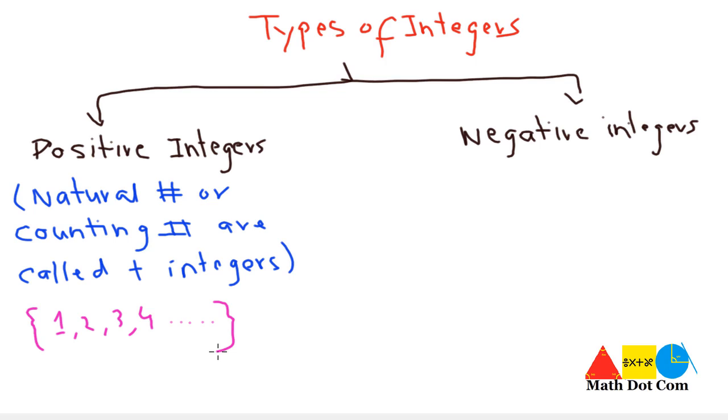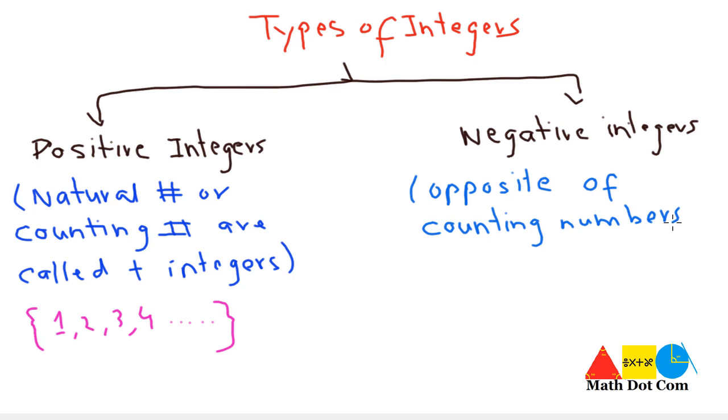So we come to the negative integers. Negative integers are basically the opposite of positive integers in sign, but their magnitude remains the same. Their sign is opposite and their direction is opposite. The opposites of counting numbers are called negative integers.